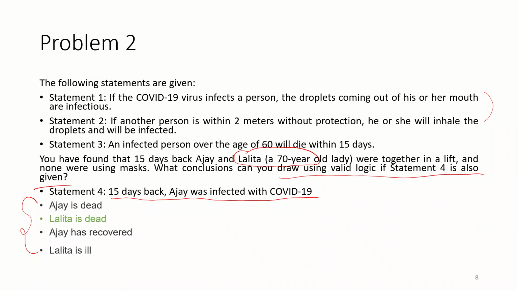Please, why do you think C is also an option? Because 15 days before he was infected with COVID-19. Okay. So how can C be a correct answer?